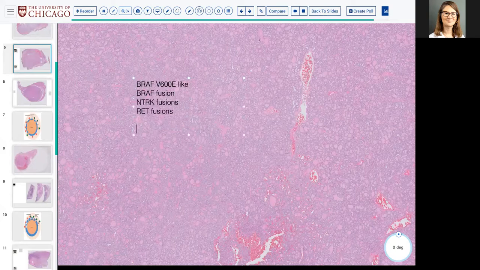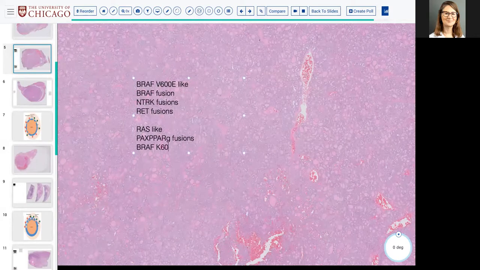This is in contrast to the RAS-like, which are things like PAX8-PPAR gamma fusions, BRAF K601 mutations, or insertion deletions.